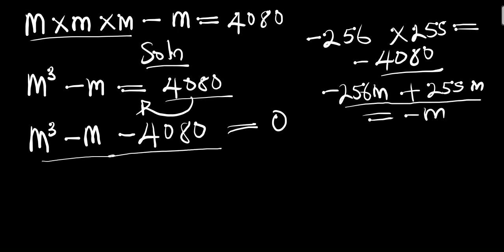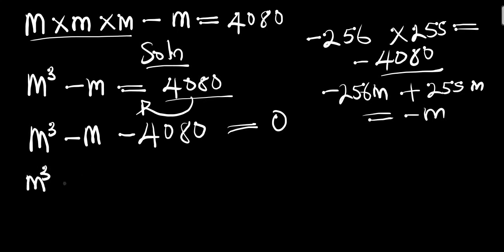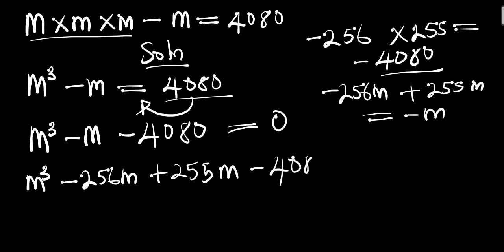So let's go ahead and do that. Right now we are going to have m power 3 minus 256m plus 255m minus 4080 equals 0. Right now we have m here and we have m here. We can actually take m out.